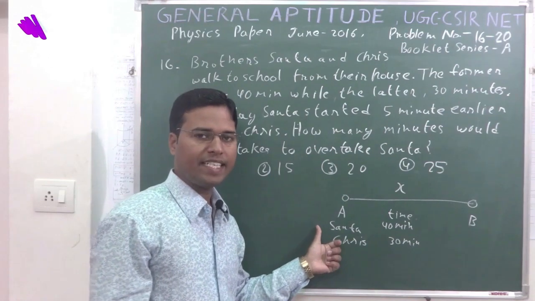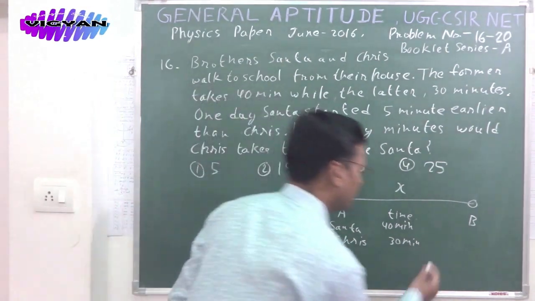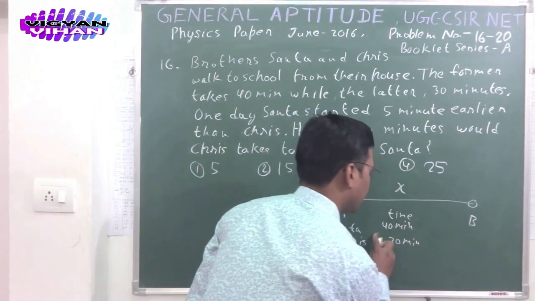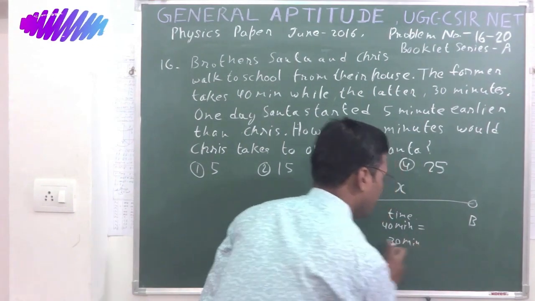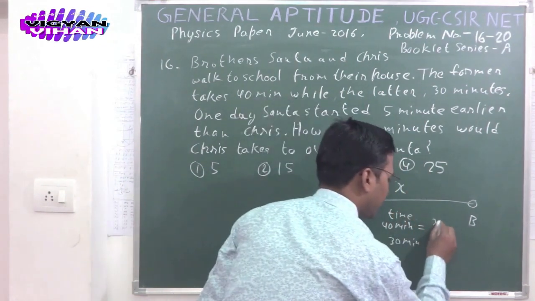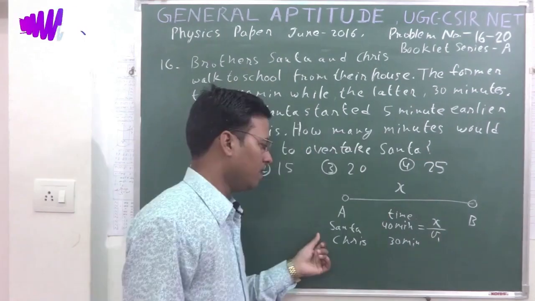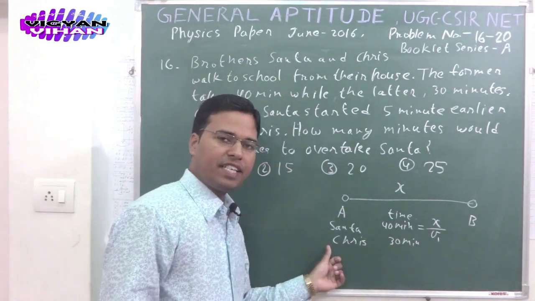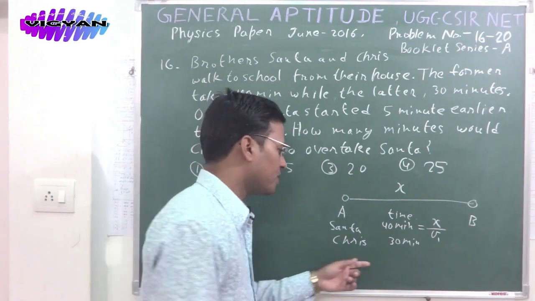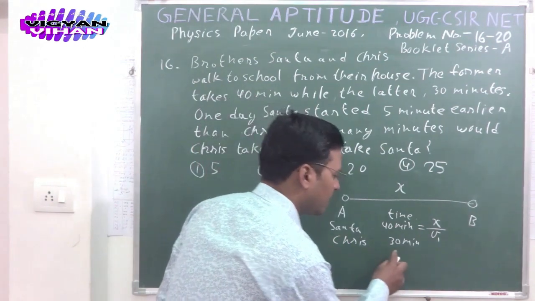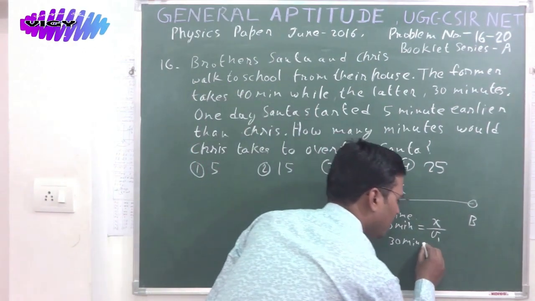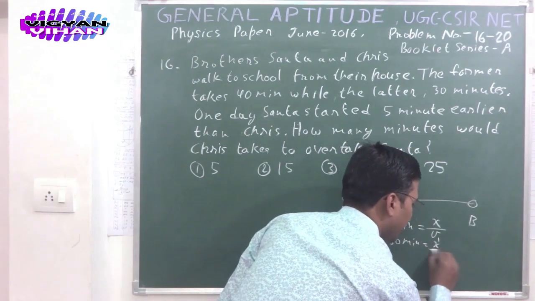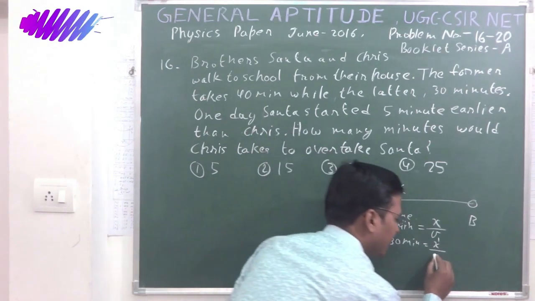If the speed of Santa is v1, then the time taken, 40 minutes, will be equal to distance x upon the speed of Santa, v1. If Chris has speed v2, then the time taken, 30 minutes, will be equal to distance x upon the speed of Chris, v2.